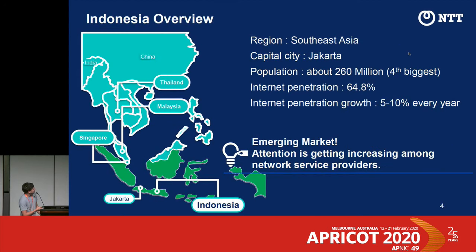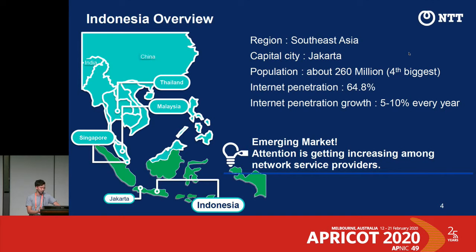This is the Indonesia overview. As you may know, Indonesia is located in Southeast Asia. The capital city is Jakarta. In Indonesia, 260 million people are living, making it the fourth biggest country. Among this population, around 65% are using the internet.